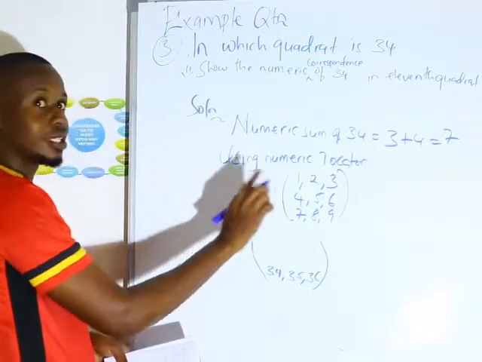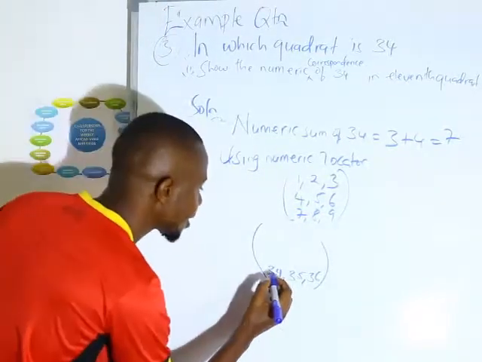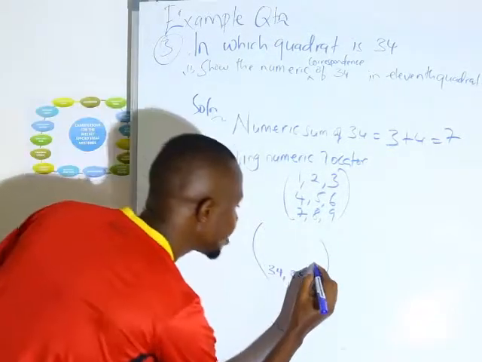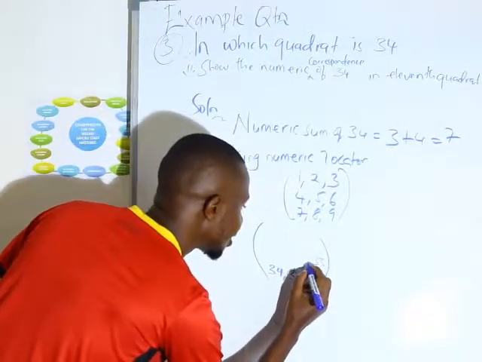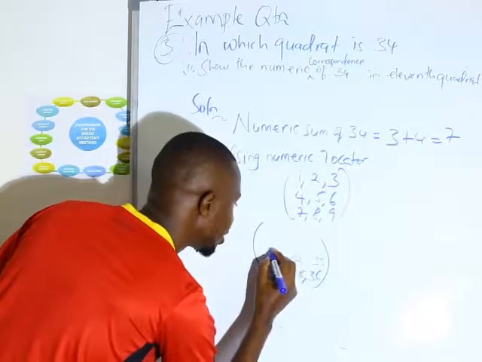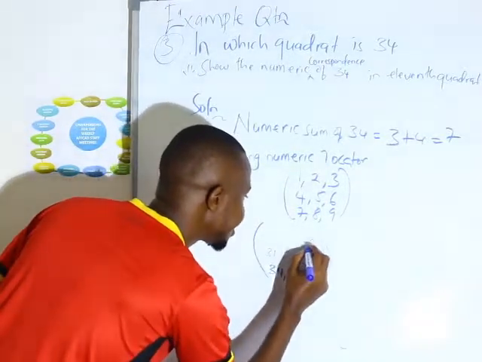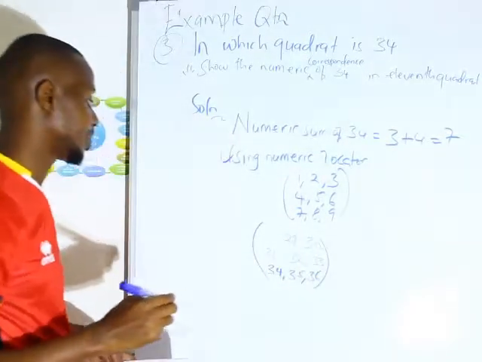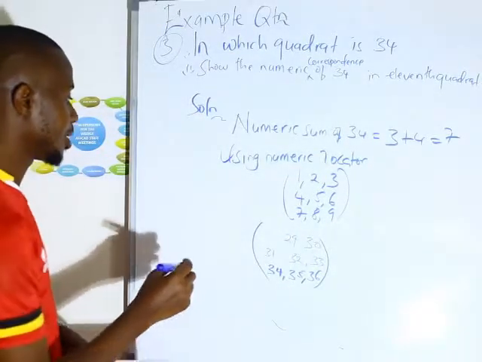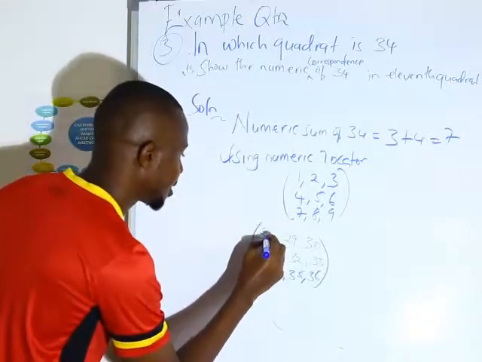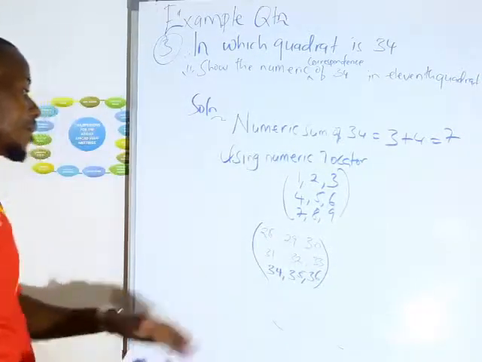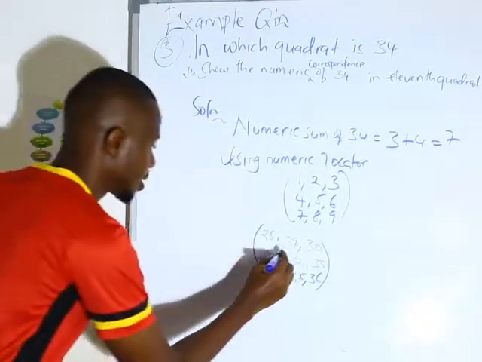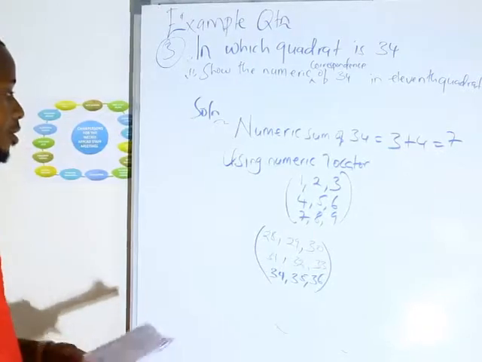So you can fill in the rest of the quadrant: 34, 35, 36, and here we put 33, 32, 31, 30, 29, 28. So this is the quadrant of 34.